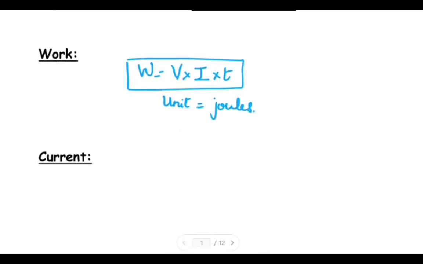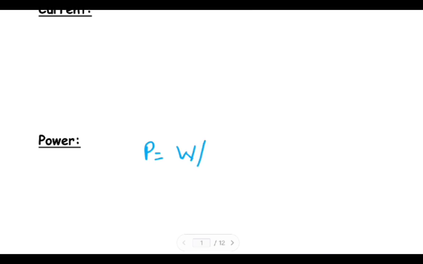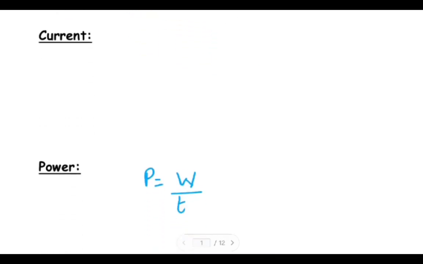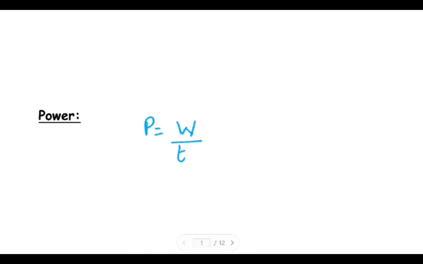Next, I will come back to the formula for current, but before that let's do power. Power is equal to the work done upon time. So what is work, children? VIT. Yes, we just saw that.